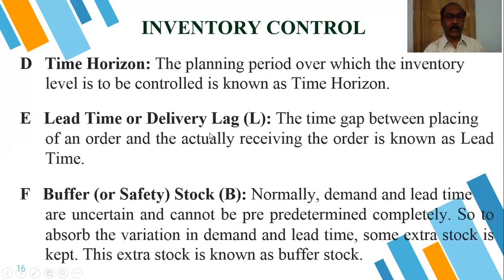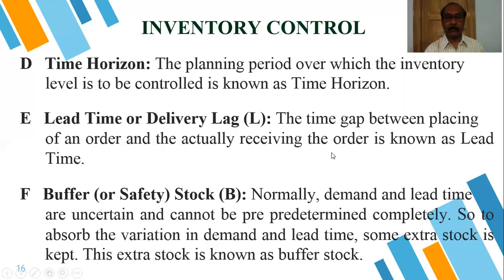Lead time, or the delivery lag, means that after placing the order, the time until the supplier supplies the material to us is called the lead time. In the agreement, or when placing the order, the letter mentions the maximum delivery date.